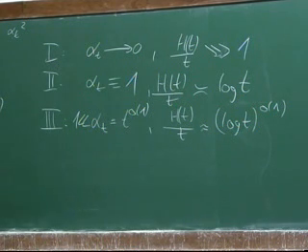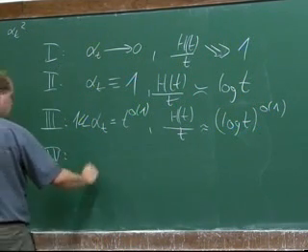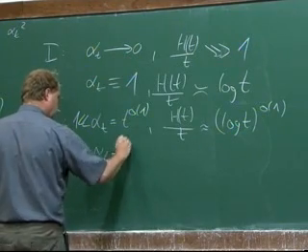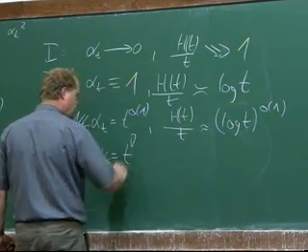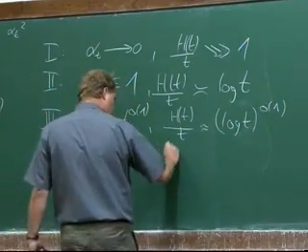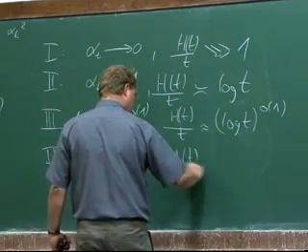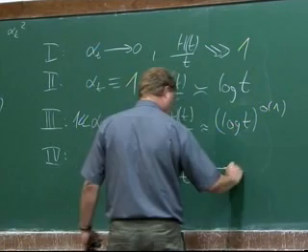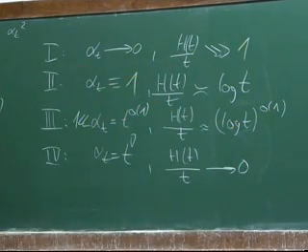And the fourth class is where alpha of t is like a certain power of t, t to the nu, with nu a positive number, and h of t divided by t goes to 0. So this is the case of a bounded potential, where the potential has its essential supremum equal to 0. These are, in a nutshell, the 4 classes, the asymptotics.